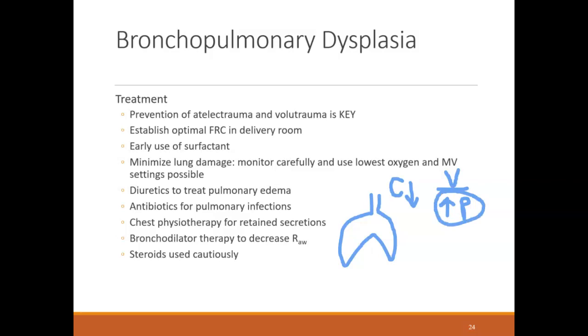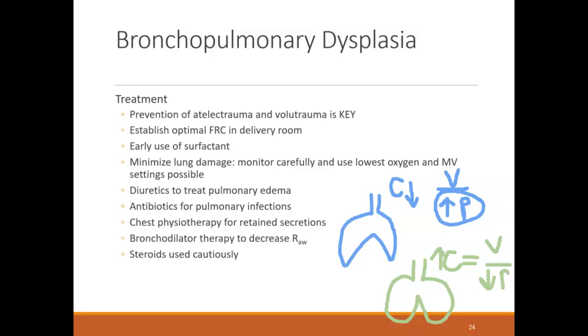Now, after I give surfactant, in green, my lungs are much better inflated. So my compliance is increased, which means that to give that same volume that I gave before, I need to lower my pressure.